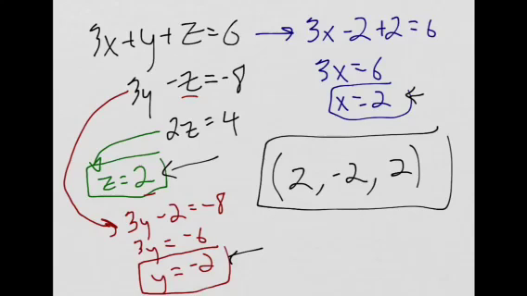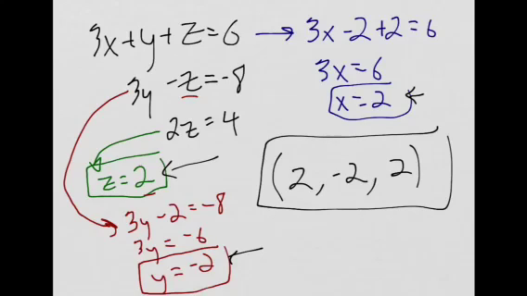Then the second set of problems is some 3x3s that I want you to solve by hand. I'd like you to try to use substitution, some of the ideas that we've talked about the past couple days. We've tried a couple of 3x3s. I haven't given you a huge amount of strategies, but we're starting to figure out how to do them.